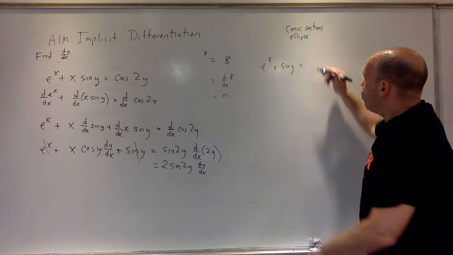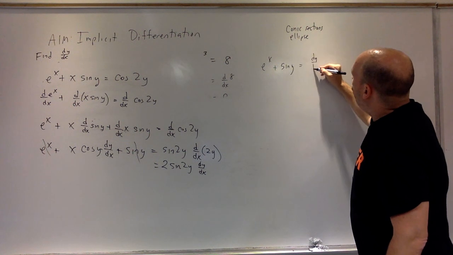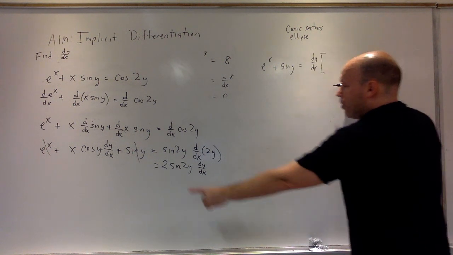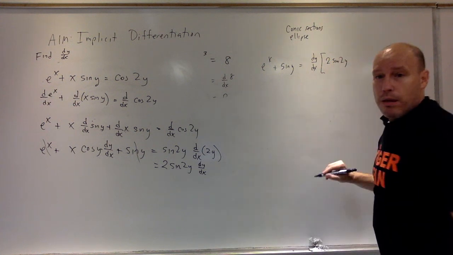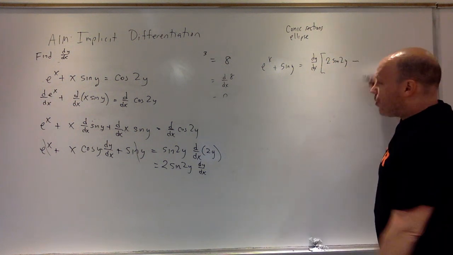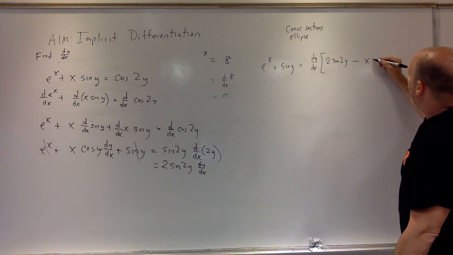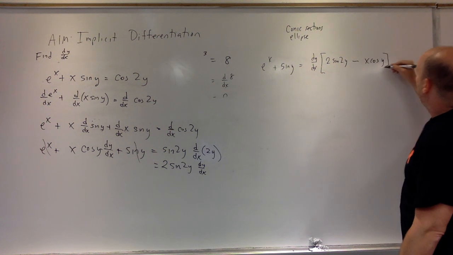I'm going to move everything over, so it's going to be dy/dx times (2 sine of 2y minus x cosine of y).